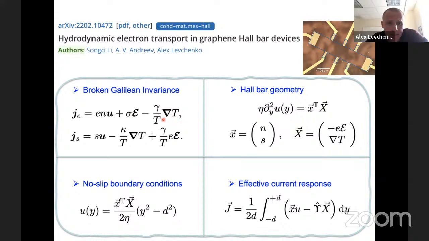So it means that if the system is biased also electrically, there is gamma present here. And similarly, we need to make modifications to the entropic current, which is given by the entropy density times the hydrodynamic velocity, thermal conductivity, and this intrinsic thermoelectric coefficient. So for Galilean invariant fluids, if we want to get back to the Gurzhi picture, we need to send sigma and gamma to 0 in this formula.